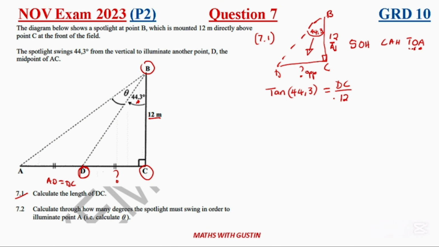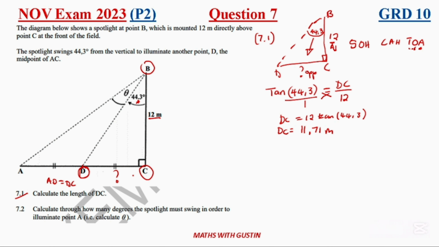Therefore you can cross multiply: DC times 1, because DC is as good as DC over 1, and then therefore 12 tan 44.3. If you put 44.3 in our calculator, it is going to give us DC is 12 tan 44.3, which is 11.71 meters, which is the length of DC.